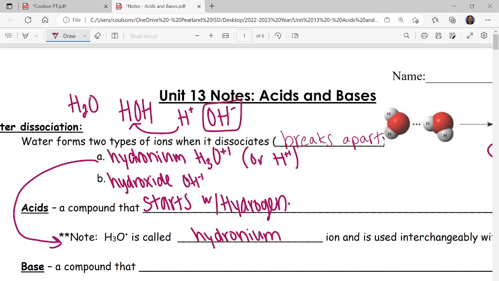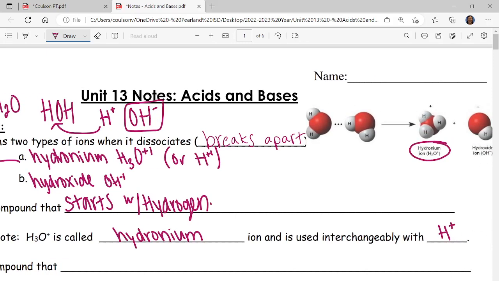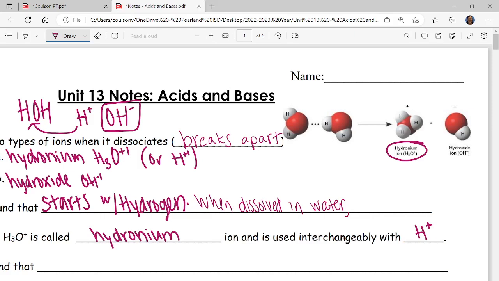This is because all acids, when dissolved in water, will form H+ or H3O+ ions.